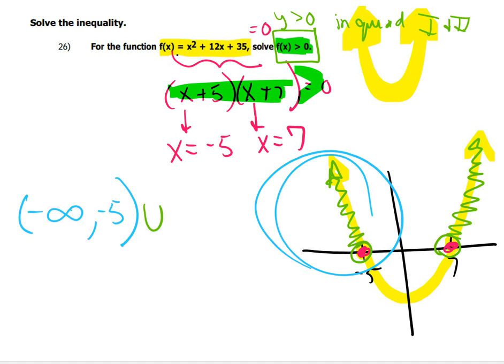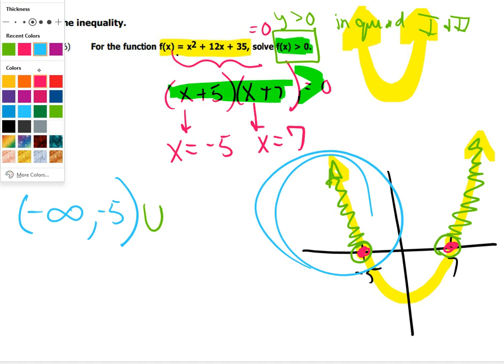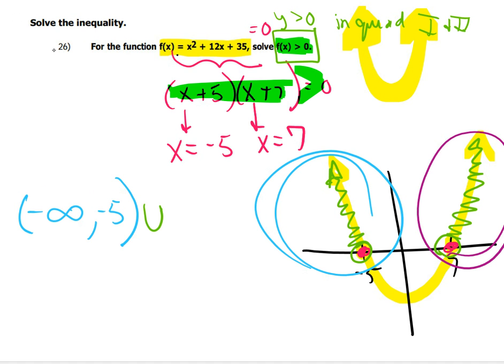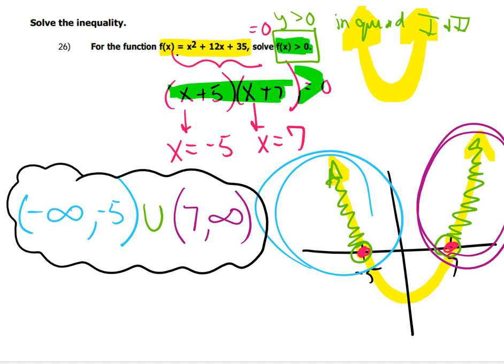And then union that with this side over here, starting at the 7, but don't include it, and going to infinity. This is the solution. Any point in that domain, all of those x coordinates have y coordinates that are positive.